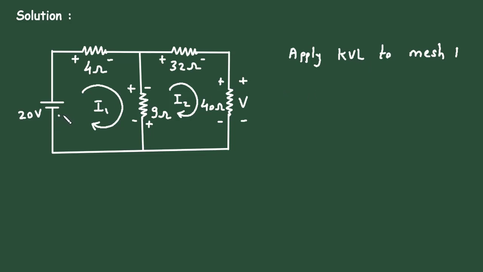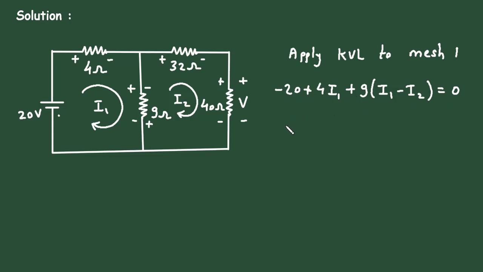So it will be minus 20, then plus 4 into I1, then plus 9. Now here we can see this 9 ohm is common in both I1 and I2, and we are currently solving for mesh number 1. So it will be I1 minus I2. So I1 minus I2 is equal to 0.